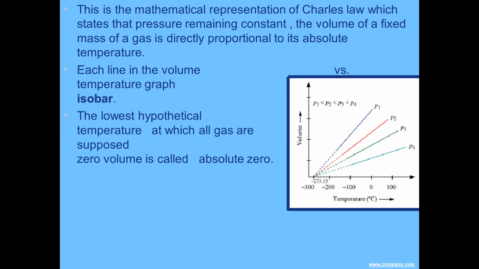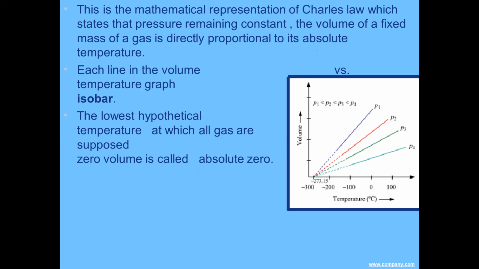And all these lines meet the temperature axis, the x-axis, at minus 273.15 degree Celsius. All the gases acquire zero volume when they reach this temperature, minus 273.15 degree Celsius.